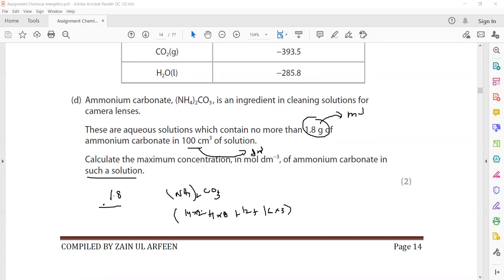The molar mass comes out as 96, so moles will be 0.01875 moles. The volume, given in cm cube, we convert into dm cube by dividing by 1000, so 0.1. So the moles 0.01875 divided by the volume 0.1 gives us 0.1875 mole per decimeter cube. This will be the concentration.